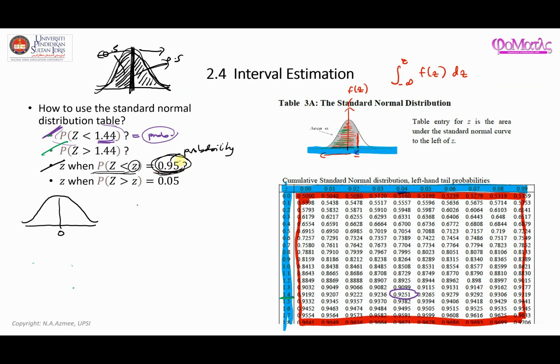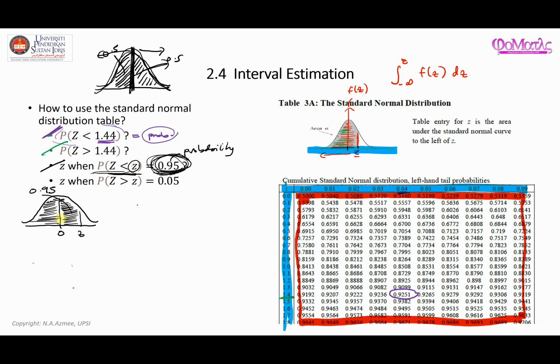So if the area under the curve is 0.95, and Z is to the left, that means Z must be somewhere here, because then this area is already 0.5, and if you add some more area, then it will match the question asked here, Z less than a certain value, where the total area is going to be equal to 0.95.